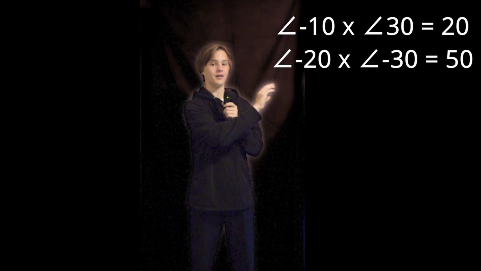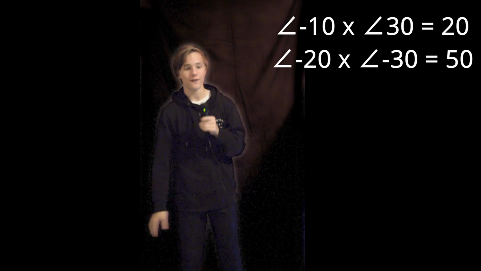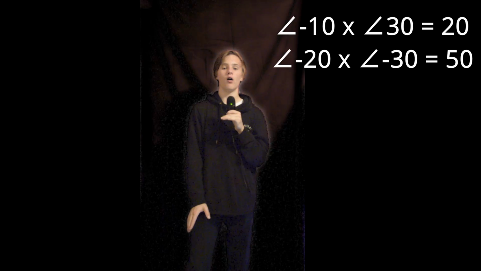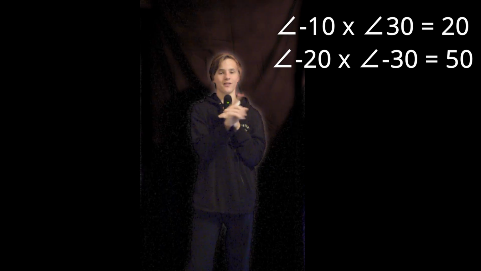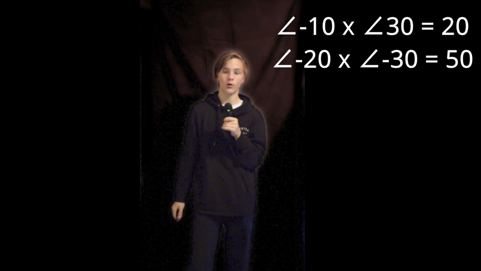But the key thing to remember when it comes to complex numbers is when you're multiplying, you have to keep the angles consistent with the multiplying rule of when you have two negatives, it becomes a positive. So, if I had an angle of -10 and an angle of -20, and I was timesing them together, I may be minusing them in practice, but in actual math, when you work it out, you have to follow that rule.